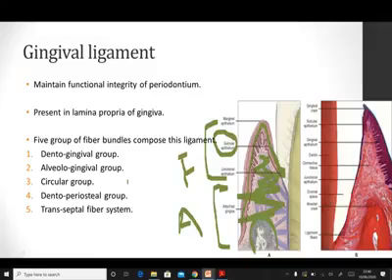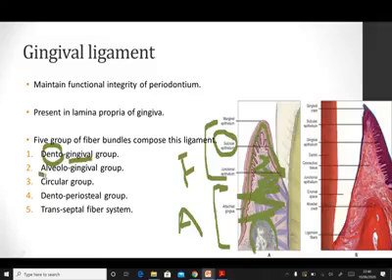These fiber bundles are divided into 5 groups called the dento-gingival group, the alveolo-gingival group, the circular group, the dento-periosteal group, and the transeptal fiber system. The dento-gingival group, as the name says, is attached to the tooth on one side, dento is for tooth, and is present in the gingiva, the lamina propria, on the other side.